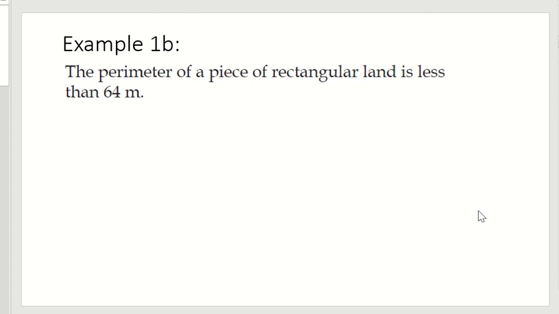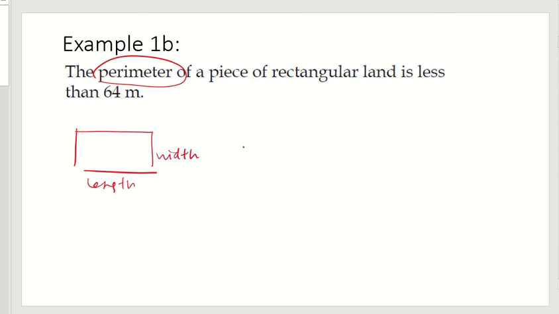The perimeter of a piece of rectangular land is less than 64 meters. Okay, how are you going to form your inequality? Perimeter, length, width, right? Pandai. What, 63? Nestor, how come you come out with 63? Mashita, why s plus y only?